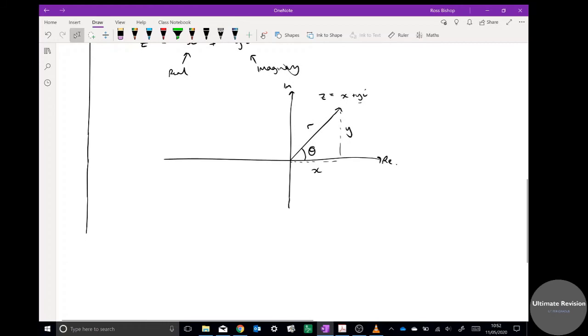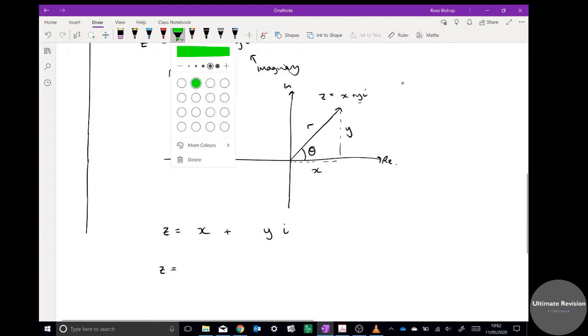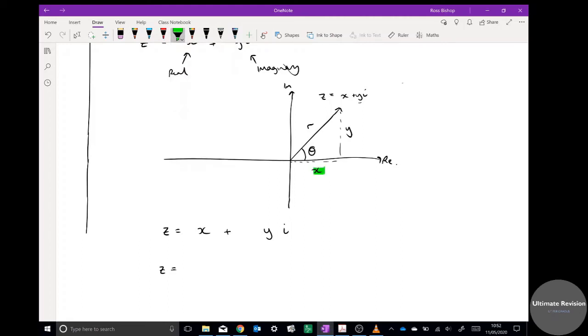Now, if we say z is equal to x plus yi, we know that. That's what we just defined it as. Now, I could also write that, or x here, well, that's the same as, that's the adjacent, isn't it? So in terms of r, x is the same as r cos theta. Okay, and y, well, that's the height of that right angle triangle.